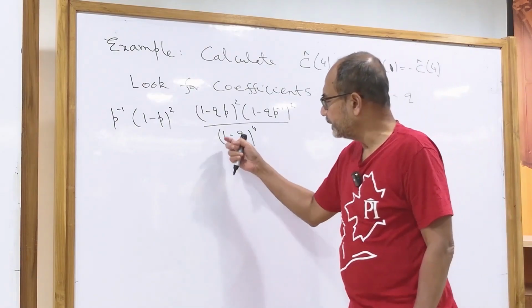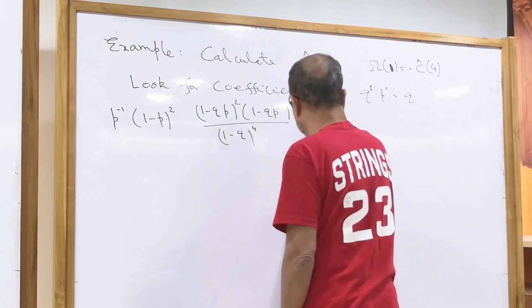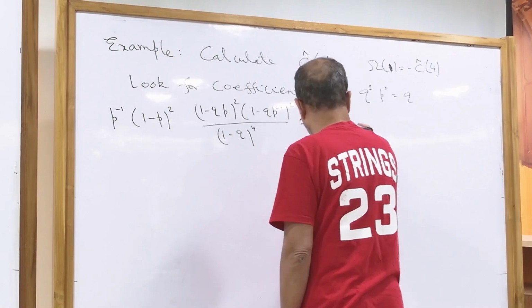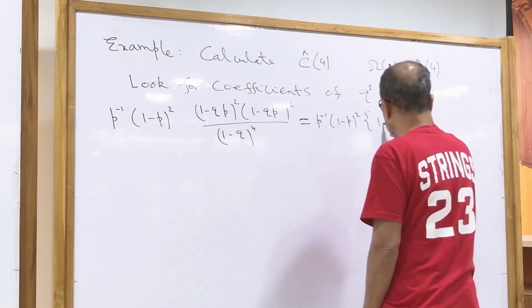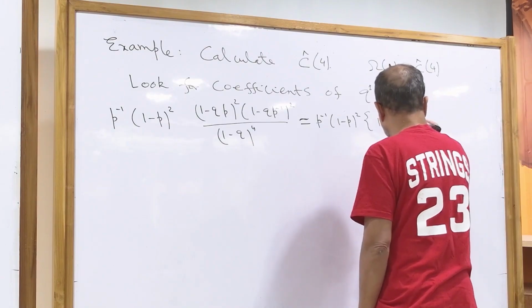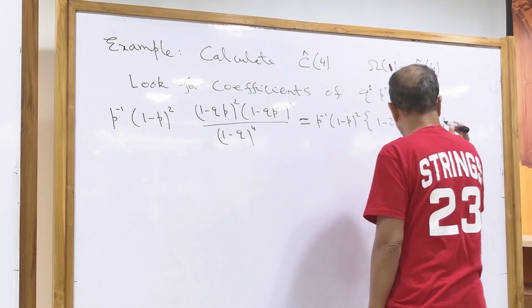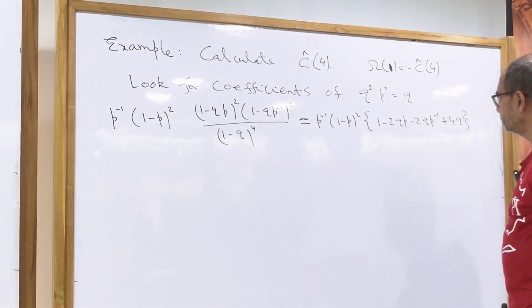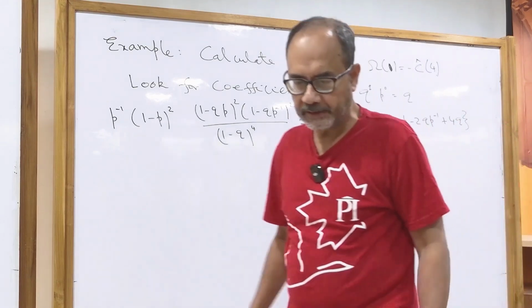Since you are only interested in the linear term in Q, let's expand this out into a series. This is P inverse times 1 minus P square times 1 minus 2QP minus 2QP inverse plus 4Q, plus order Q square, which you don't care about.